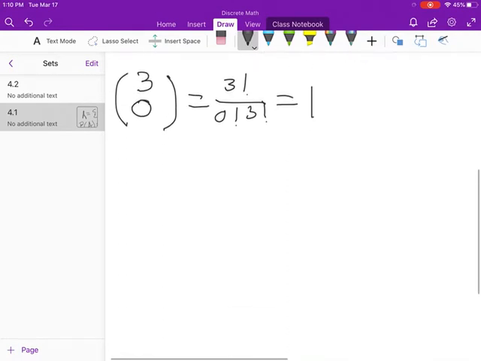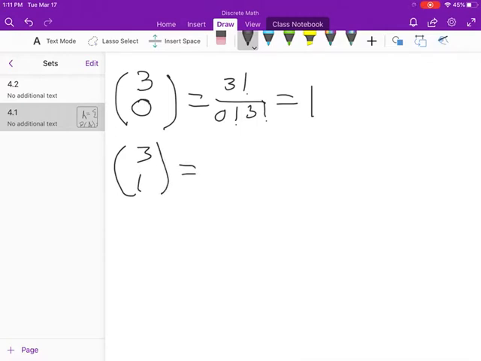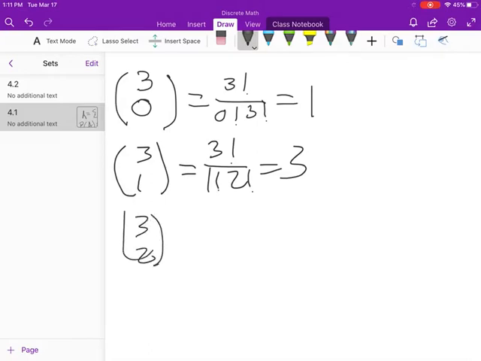So that's kind of interesting. If I want to count the number of 1-element subsets, this is going to give us 3. We've got 3 factorial over 1 factorial times 2 factorial, which is 3. 3 choose 2, that was a bad one, also gives us 3, and then 3 choose 3 gives us 1.